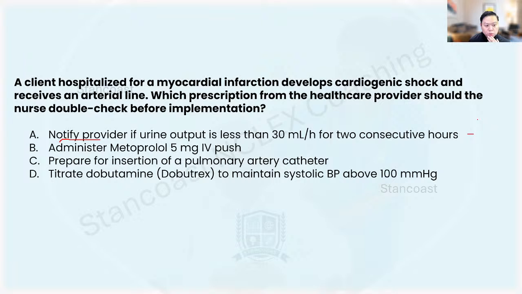This is going to be helpful. Administer metoprolol, not helpful. And letter C, prepare for insertion of a pulmonary artery catheter. Yes, it will be helpful because it will help us know the different pressures inside the chambers of the heart.